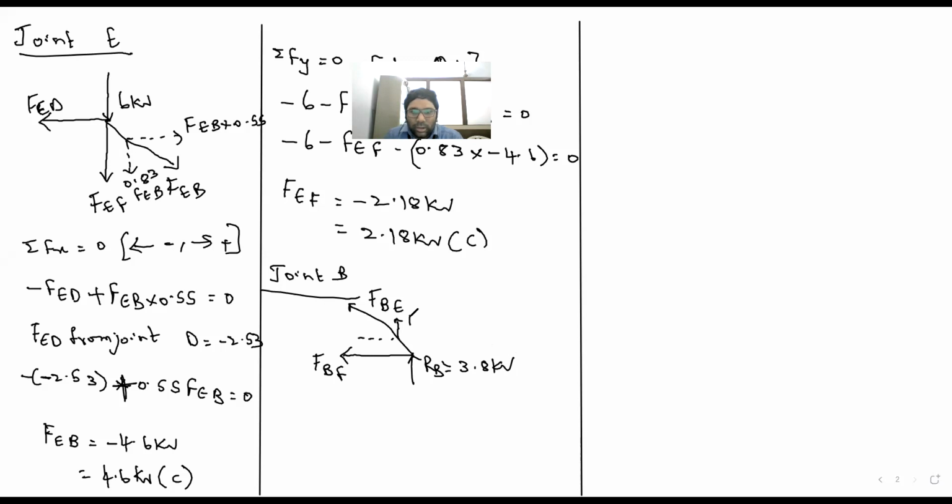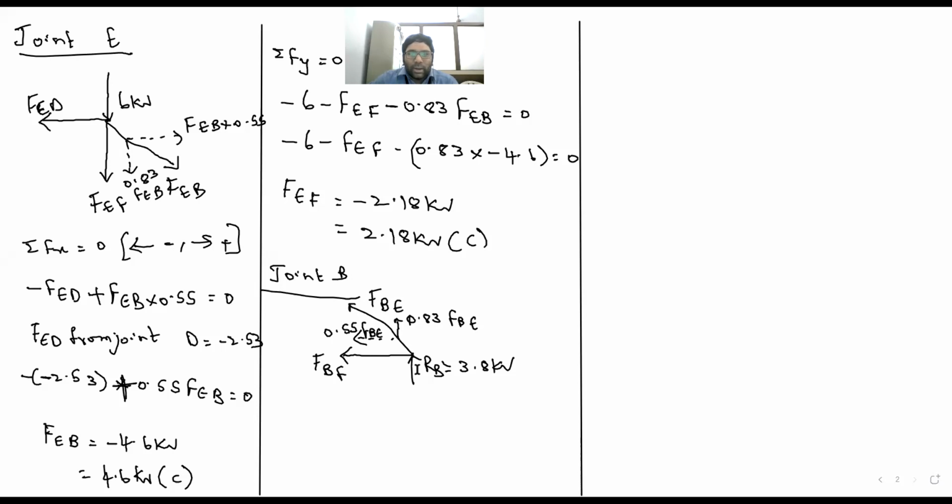So this is the vertical component, 0.83 FBE, and this is 0.55 FBE, horizontal. So what should we take to get the value of FBF? Sigma Fx and Fy. In order to get FBF, what should we take?